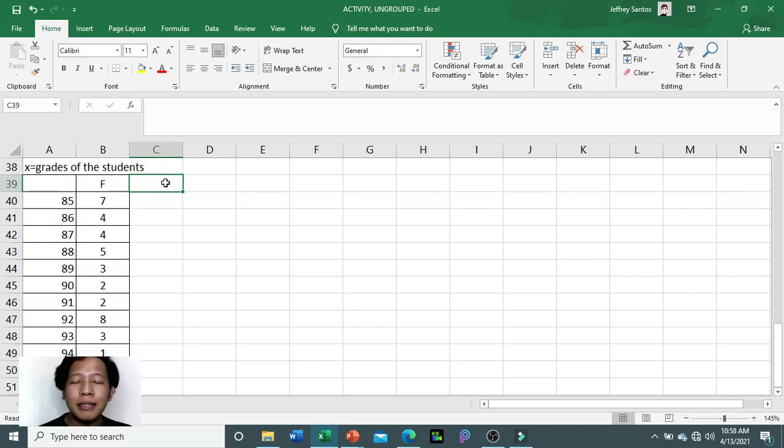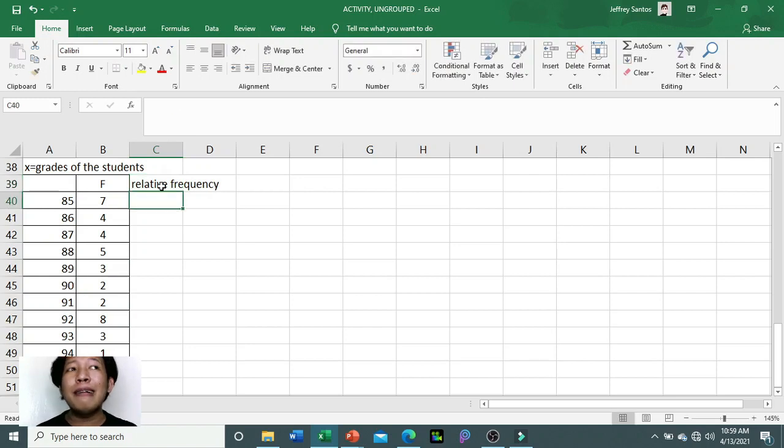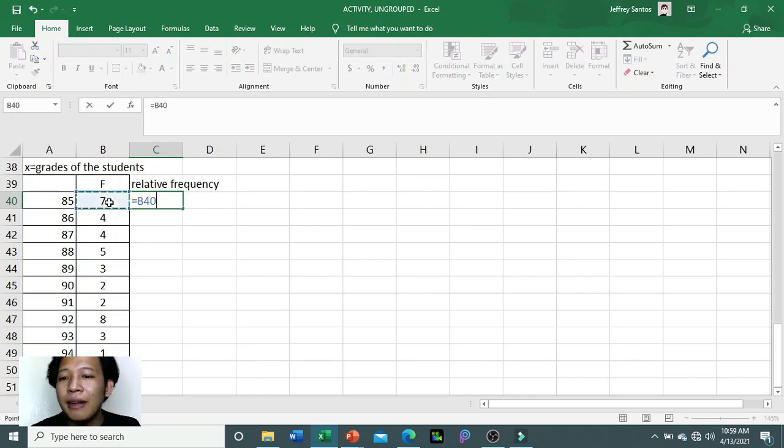So for the probability distribution, given this kind of data, we can have what we call the relative frequency. When we say relative frequency, these are percentages, which is equivalent to 7 divided by the total number of data that you have, which is 40.